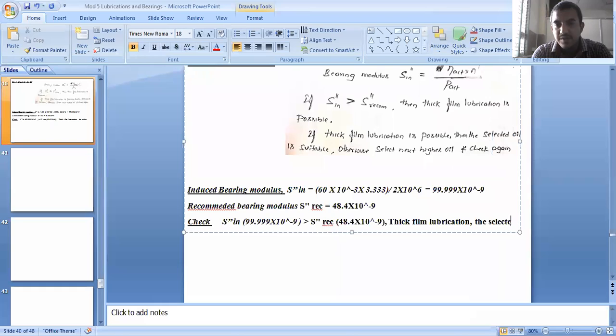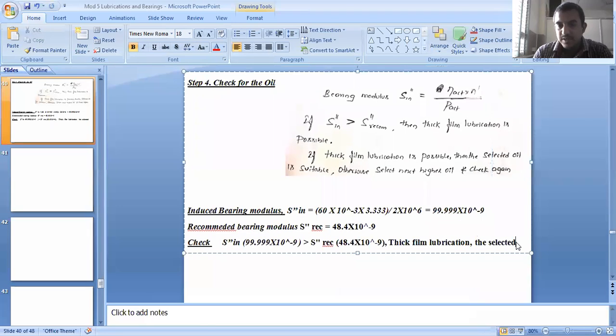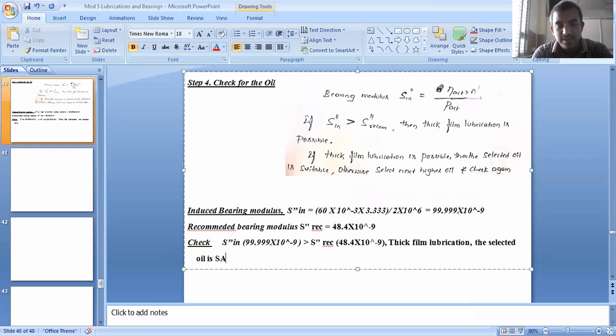The selected oil is suitable for the bearing. Clear? This is the way you have to check.